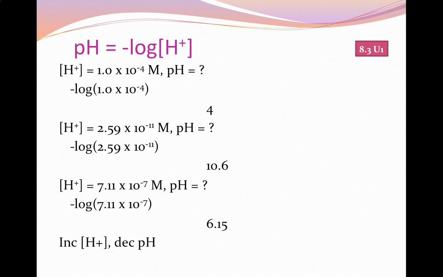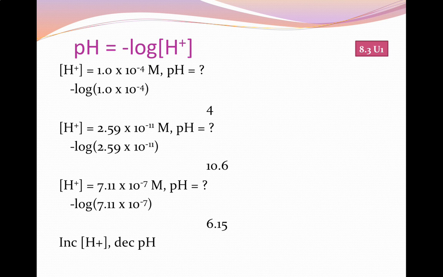Okay, here's an important note for us. If we are increasing the concentration of the H+, we are decreasing the pH. That's an important one to write down or understand, or at least be able to do some quick math in a calculator and figure out the trend.